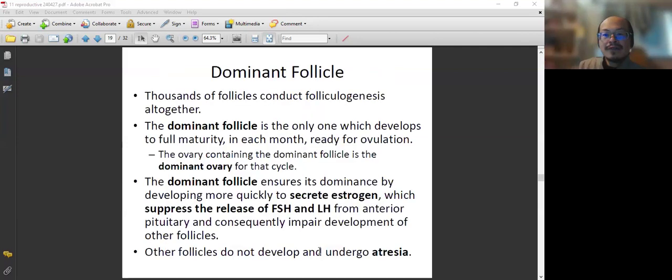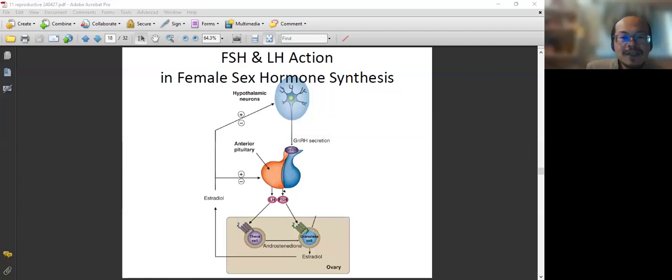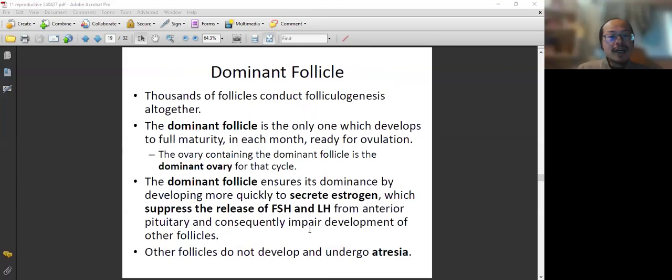So this is only a half. So let's finish it. FSH, follicle stimulating hormone, stimulates the follicle development. While it does it, it acts on not just one follicle at a time. It will act on thousands of follicles all together.